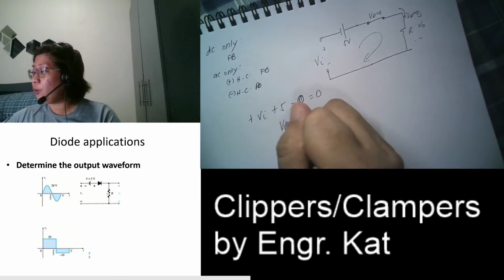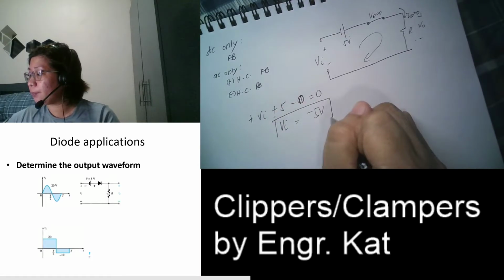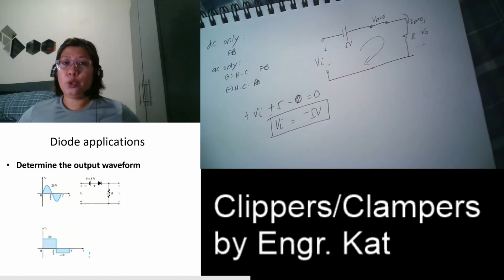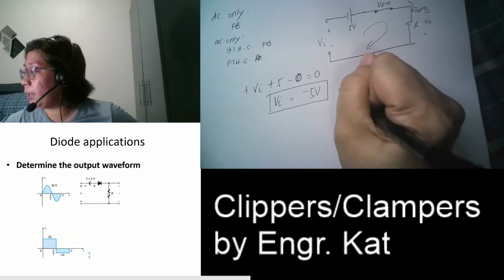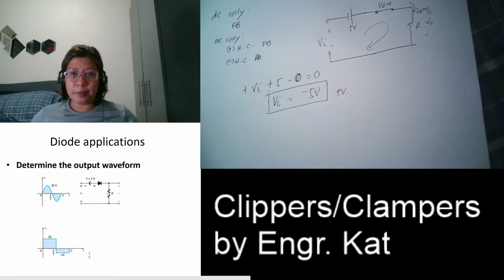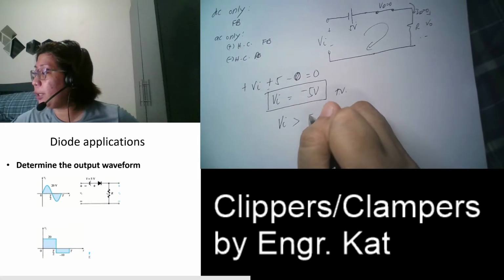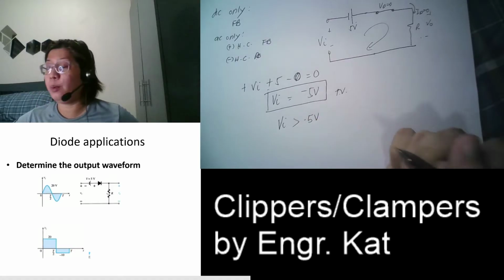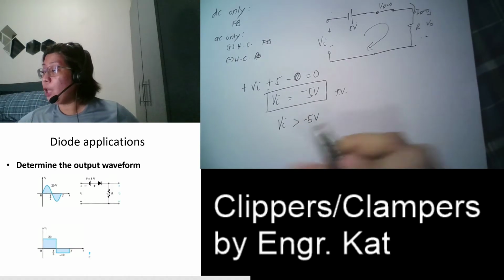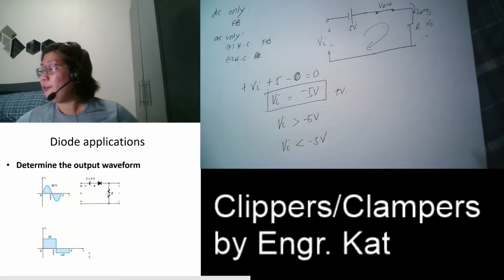Our transition voltage is equal to negative 5 volts. So, negative 5 volts is our transition voltage. What do we mean by that? What happens when your VI is greater than negative 5 volts? And what happens when your VI is less than negative 5 volts?